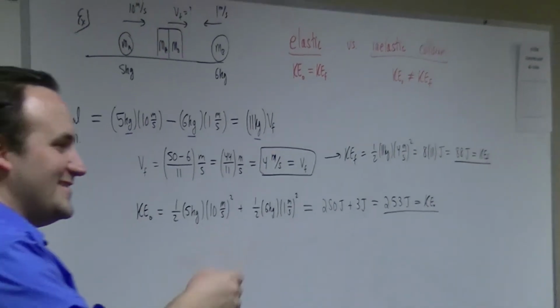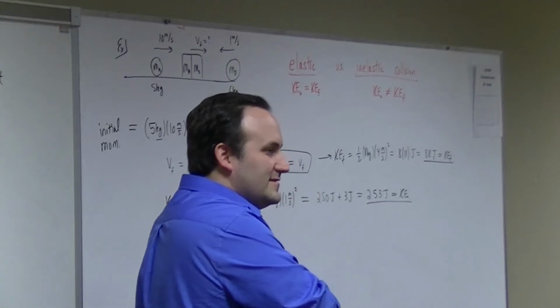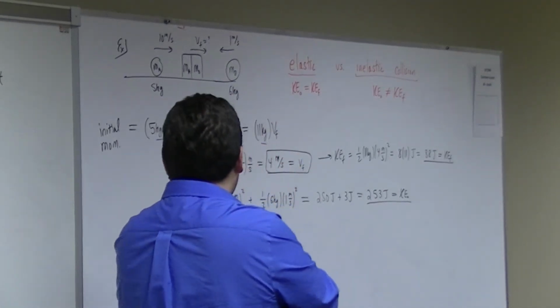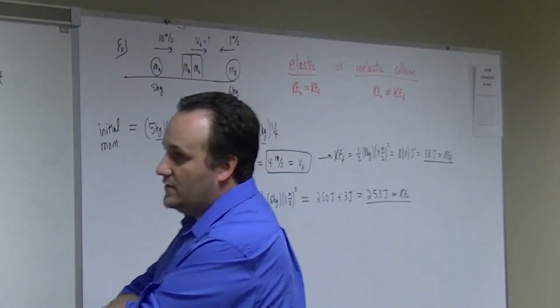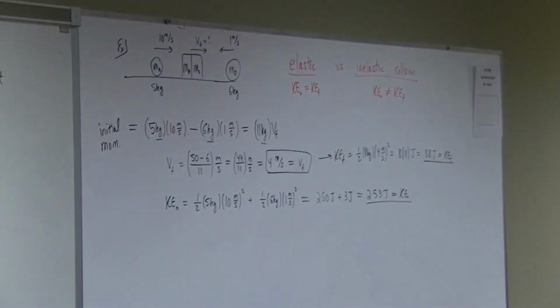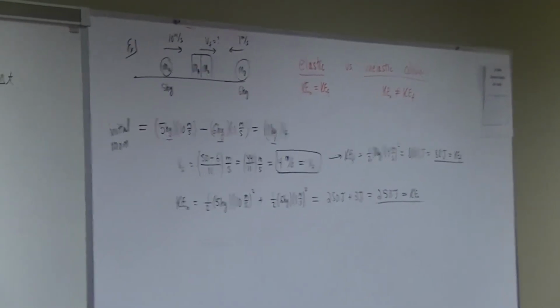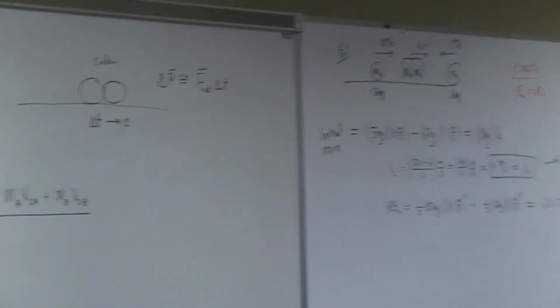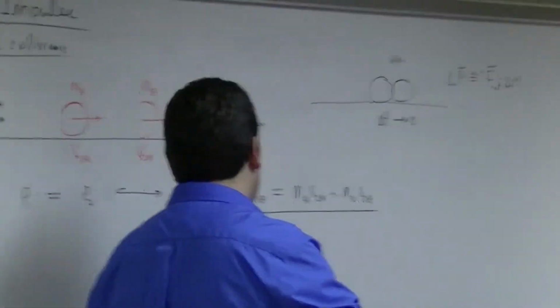Can we just do a quick run through of if they bounce? Yeah, sure. Suppose I'm just a little bit more greedy. Suppose that this general one was an elastic collision. What would that look like?